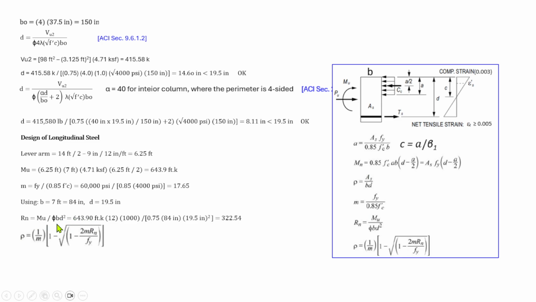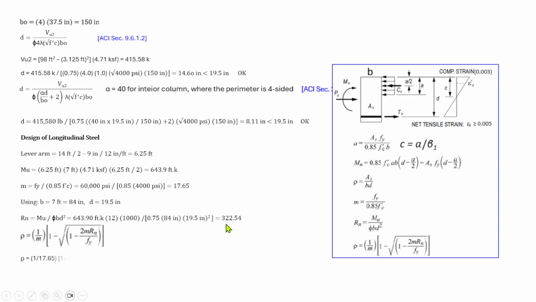If we substitute all those values here, we have 643.9, which is the moment from the face of the column, times 12 times 1000, because we convert this into inches to be consistent with our units, over 0.75 times 84 times 19.5. 84 is the width of the footing, times the depth.